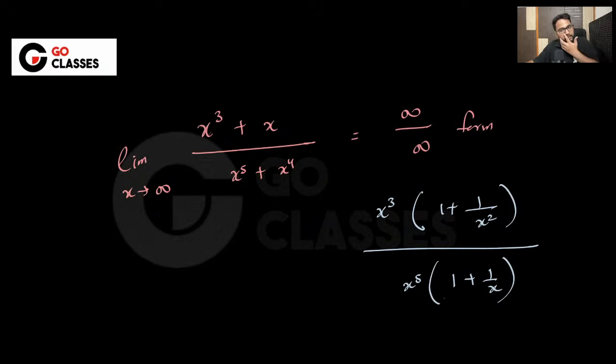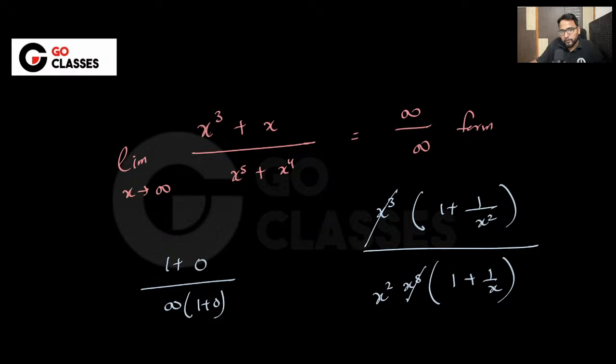Now you can see that here this x power 5 and this is x cube, so it will be just x square. Now if you put x tends to infinity, then what are you getting? This is 1 plus 0 upon infinity into 1 plus 0, something like this. I mean, it will be 1 upon infinity, which will be 0, right? This is a finite number, 1 upon infinity, this will be 0.